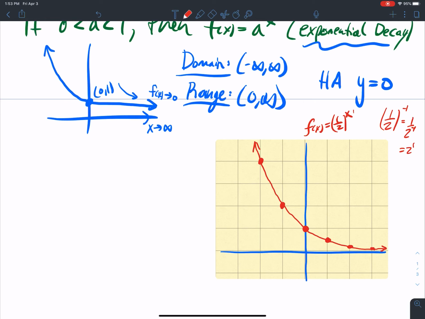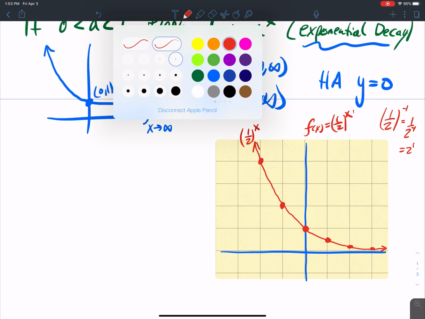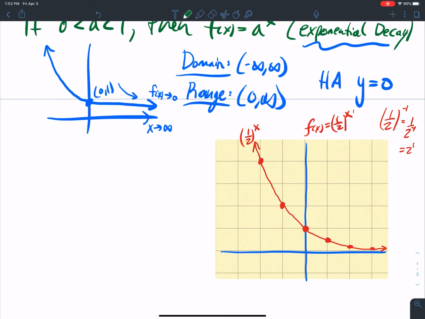This here is 1/2 to the x. What if, instead of 1/2, I did 1/3? So h of x equals 1/3 to the x. This is a smaller base, and that smaller base is actually going to go down to 0 faster.